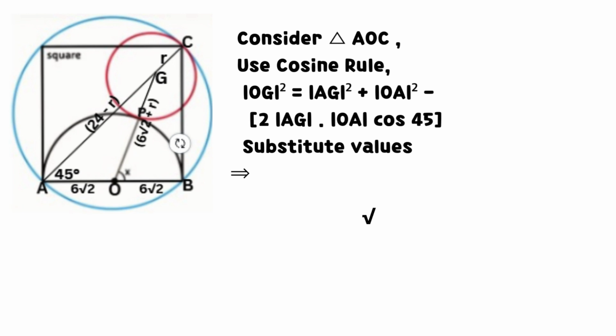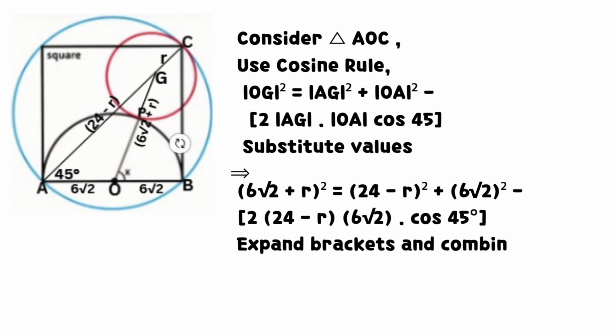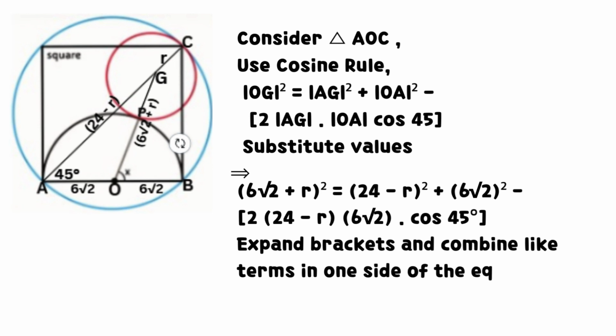We have that the square of the sum of 6 times the square root of 2 and small r equals the sum of the square of 24 minus small r and the square of 6 times the square root of 2, minus 2 times the product of 24 minus small r and 6 times the square root of 2 times cosine 45 degrees.